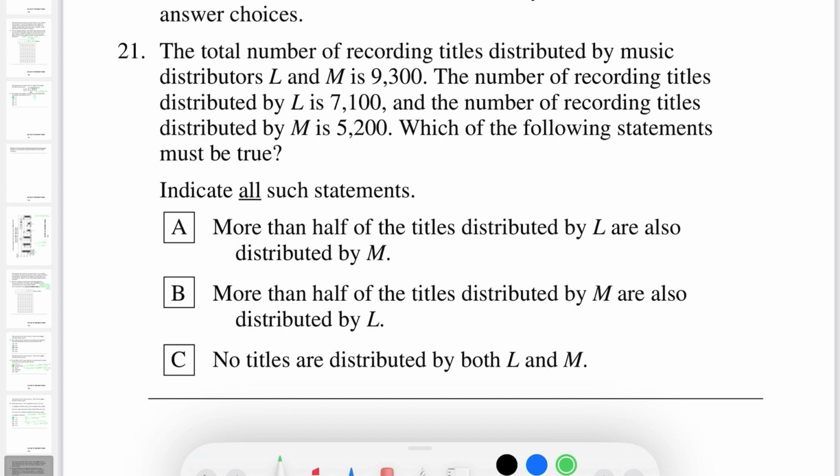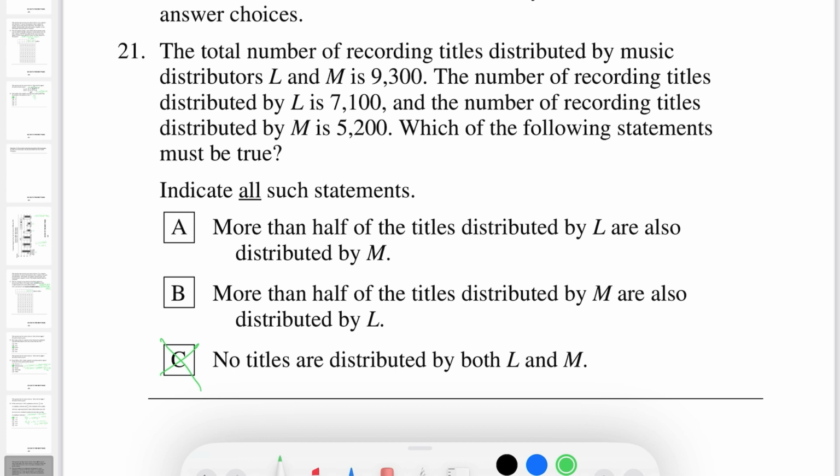In fact, it's 12,300. So I know there is overlap in their distribution of titles. So C is clearly going to be wrong. C says no titles are distributed by both. That's not true. There's definitely overlap. So my first step is going to be to find what that overlap is and then compare L to M.